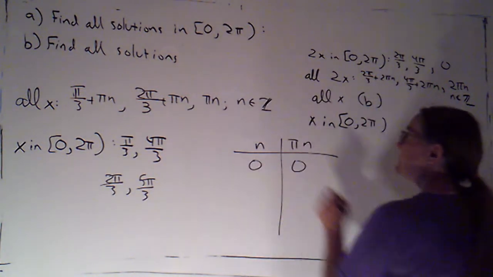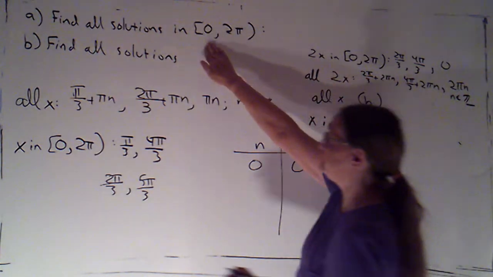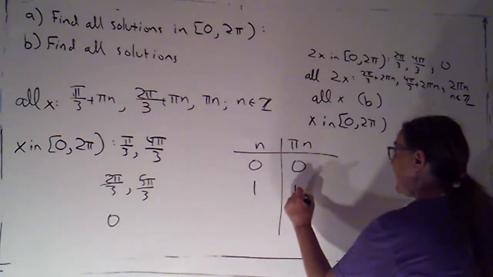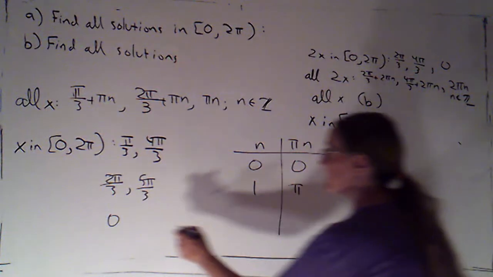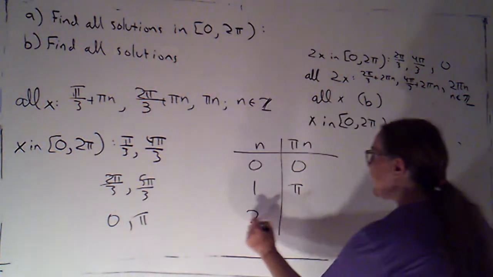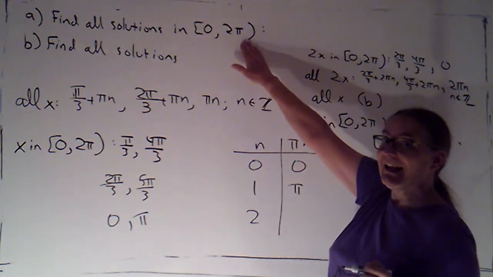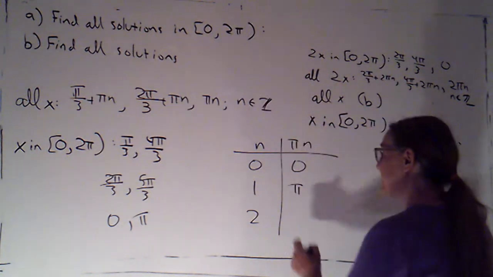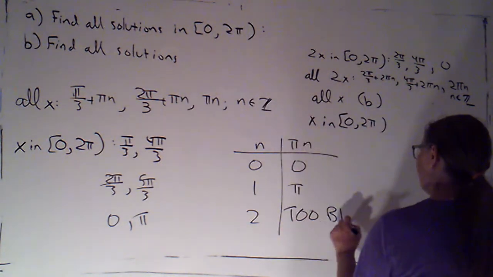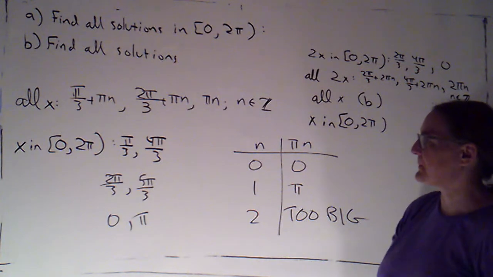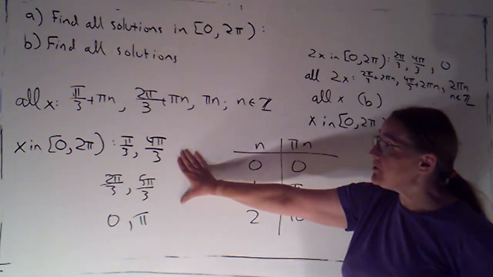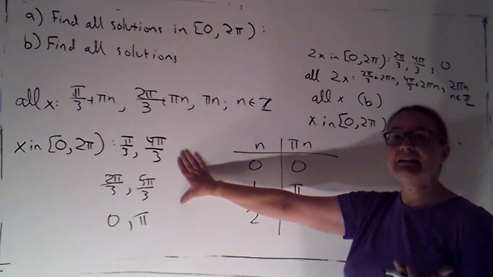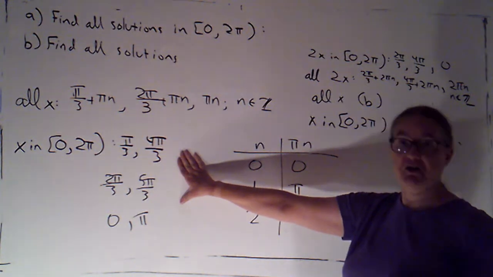If n is 0, I get 0. That's in the interval. If n is 1, I get pi. That's in the interval. If n is 2, I get 2 pi. That is not in the interval. That's too big, because we didn't include that. Okay. So I have 6 values that x could be in the interval from 0 to 2 pi.